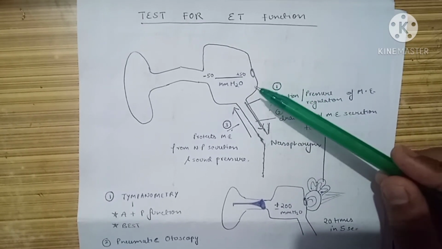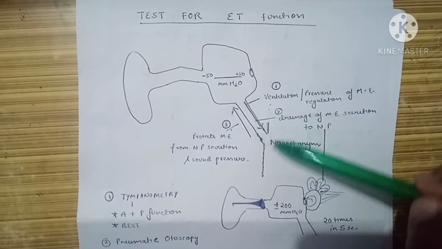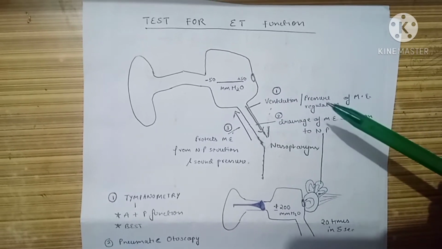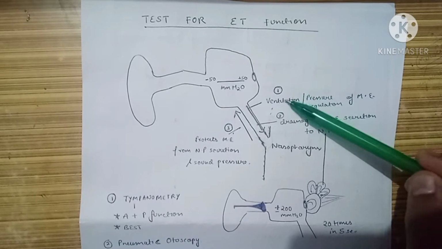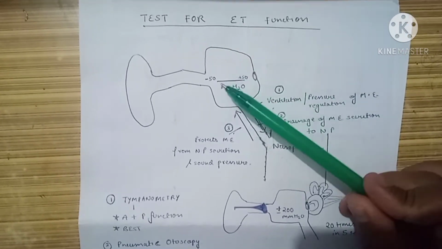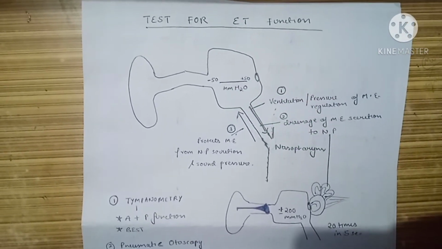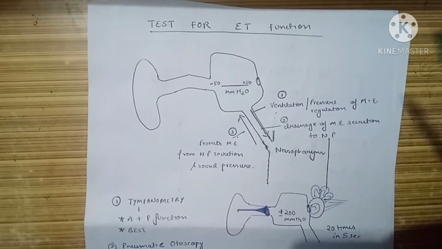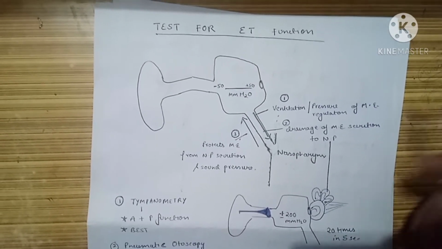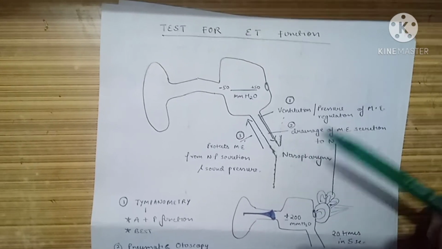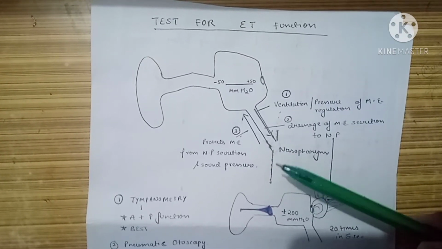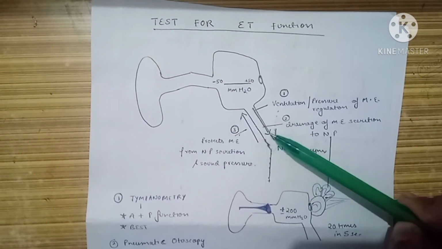Okay. So just for explanation purposes, I have drawn the nasopharynx like this, and the first function is it ventilates our middle ear. Our middle ear pressure is maintained between -2 to +50 millimeter of water, and this pressure has to be maintained for normal sound wave transmission. So most of the time our Eustachian tube is closed.